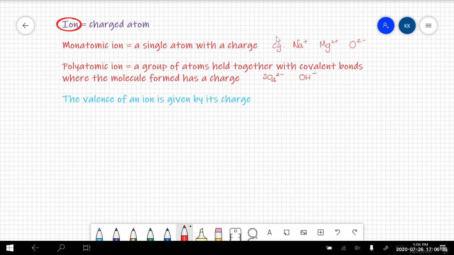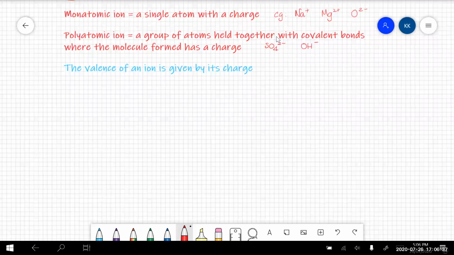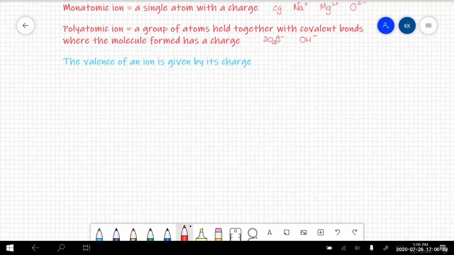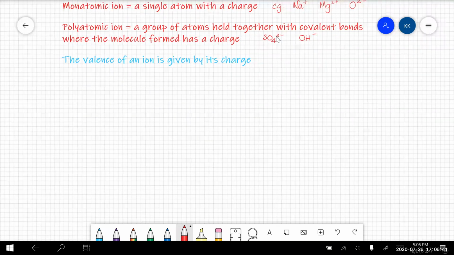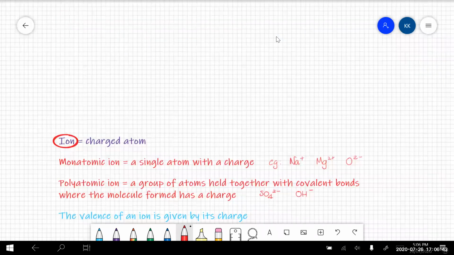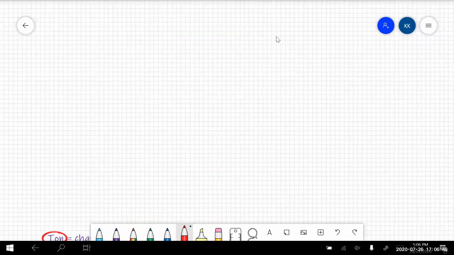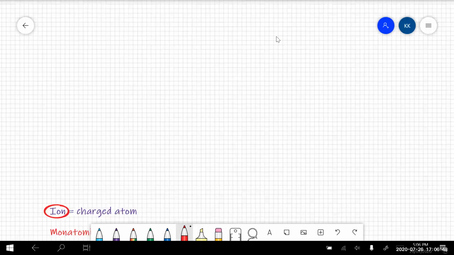So we're going to build up a flowchart that tells us about this. So I'm going to get myself a spare bit of whiteboard, and we're going to think about building up this flowchart. So we're going to start just generally with all ions.